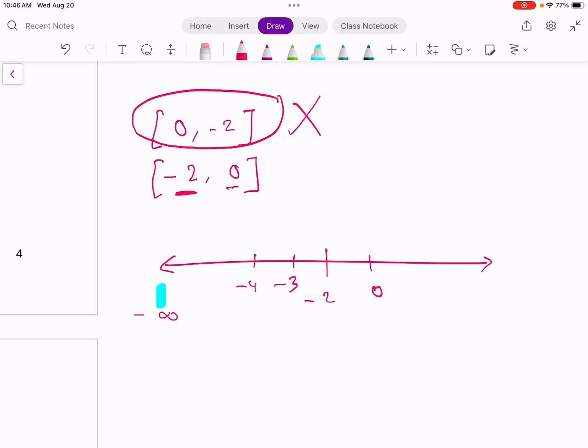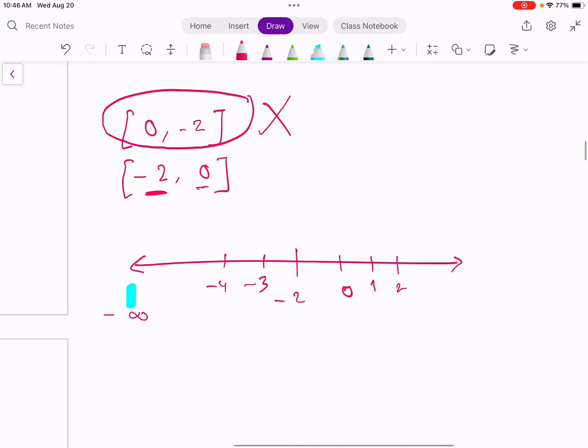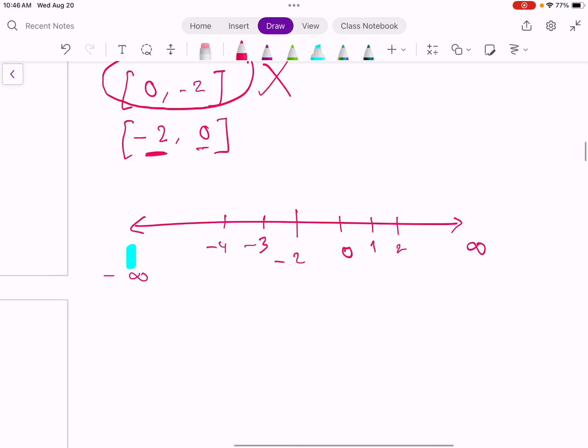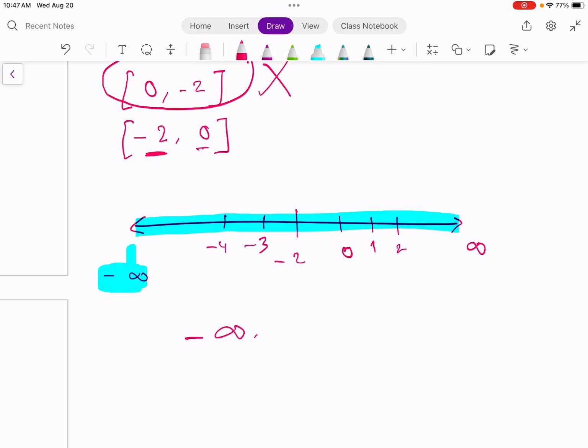In a similar way, on the right of 0, if you make a list of every number on the right, we will get a very big number, and to represent that very big number, we use +infinity. And every number from -infinity to +infinity, what do we call these numbers?